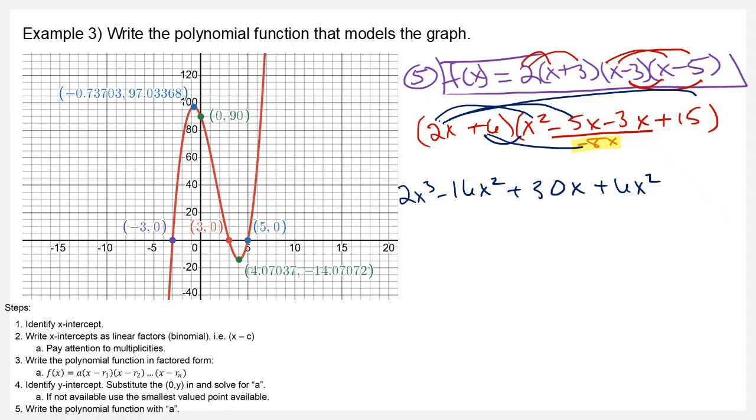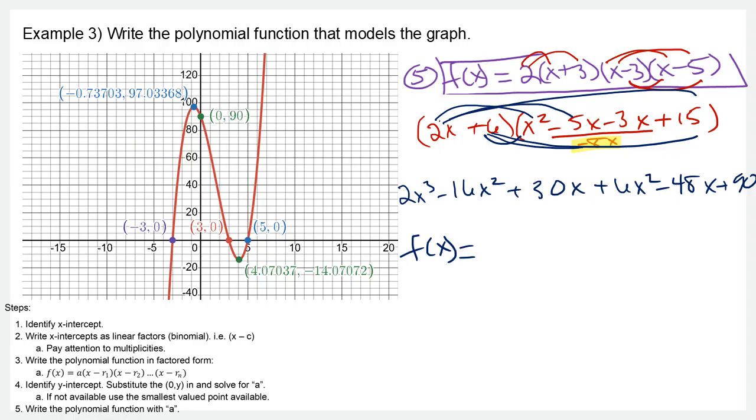And then you have 6 times negative 8x, which is going to give us negative 48x. And then you have 6 times 15, which is going to give us 90.